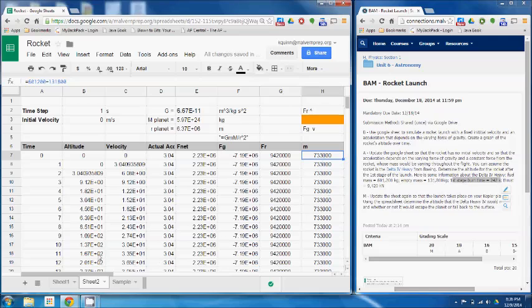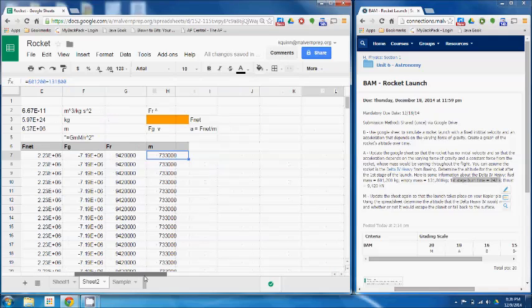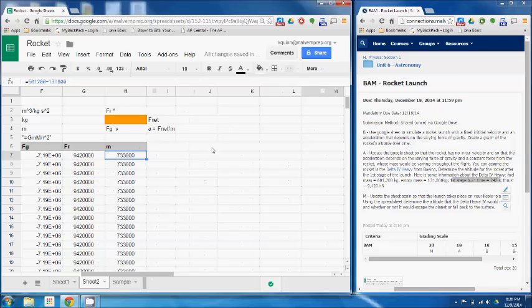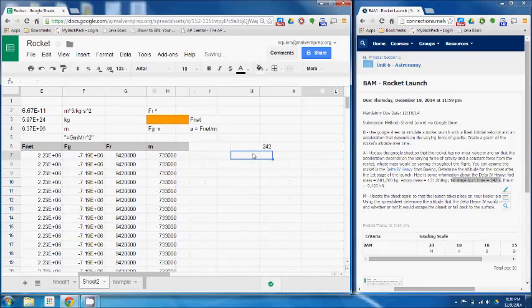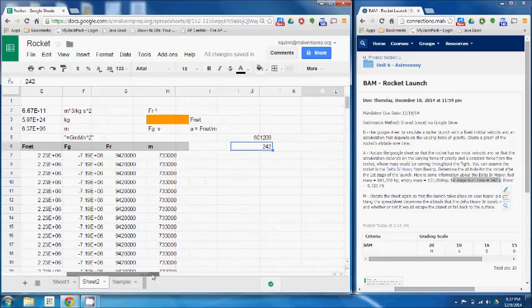So let's do a quick side calculation really fast. Alright, so we're going to say the thrust time is 242 seconds. And over that amount of time, 601,200 kilograms goes away. All that fuel goes away.